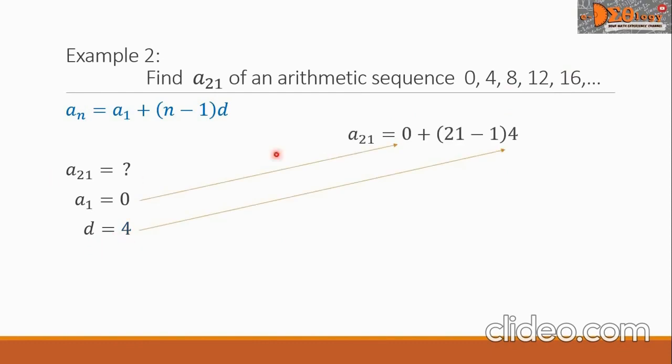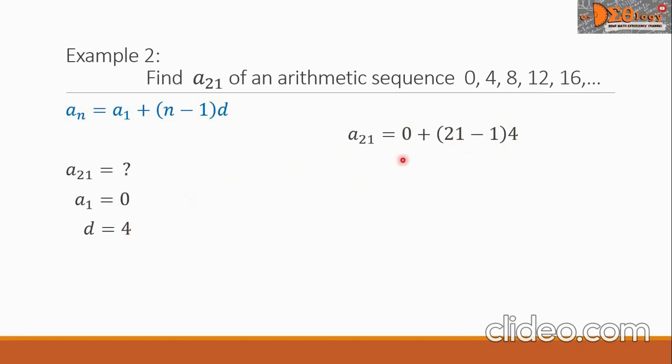Solving for a sub 21 now, we are using this general term formula. Let us substitute the values. So we have here a sub 21 equals the first term, and that is 0, plus the quantity 21 minus 1 times the common difference d, and that is 4.